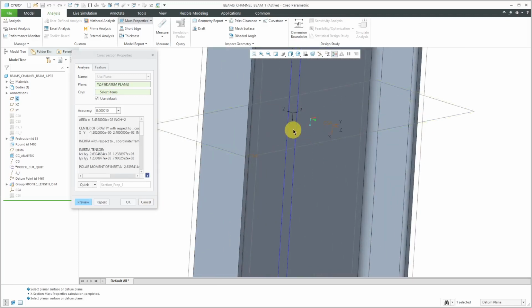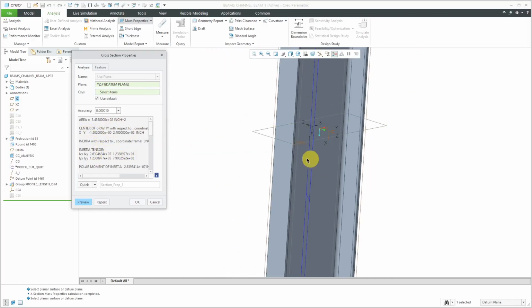And so there you can see where we have the location of our center of gravity in here, and we're getting our different calculations. If I want to calculate it with respect to a particular coordinate system, we can select this particular coordinate system that's located closer to it.